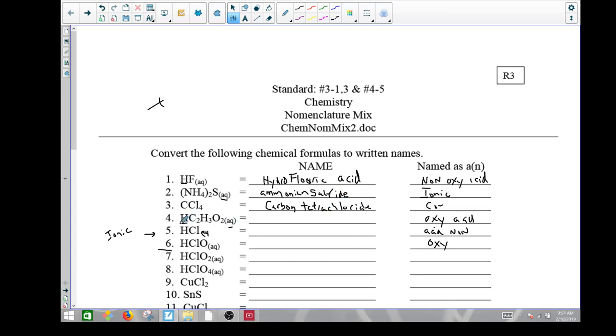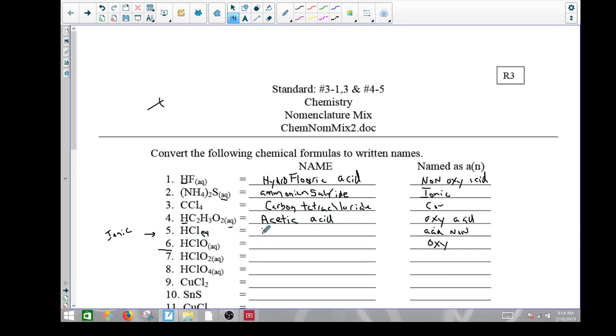This one, an oxy acid, has acetate, so I use acetic. So I say acetic acid. Acetate, replace the ate with ic, and I have acetic acid, which is also vinegar.